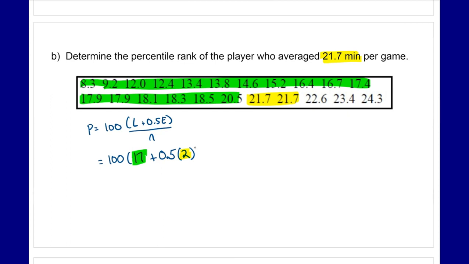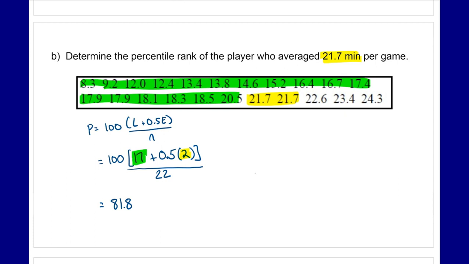If you had none, you'd put 0. So it all depends on what the value is we're trying to find the percentile for. And we divide by n, which in this case is 22, because there are 22 players, or 22 values. We go through, we do our calculation, and we should get approximately 81.8.